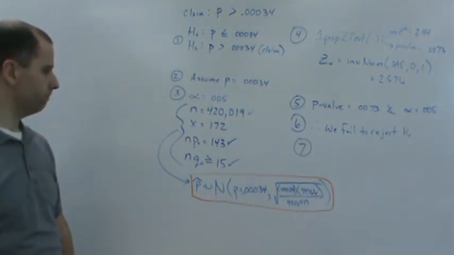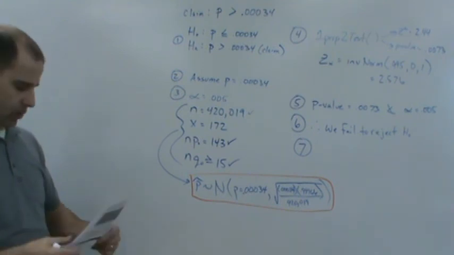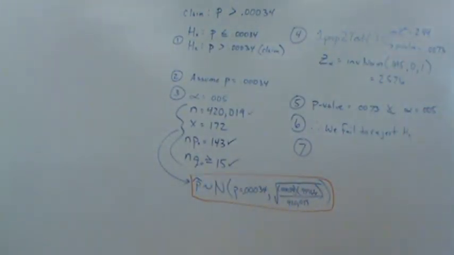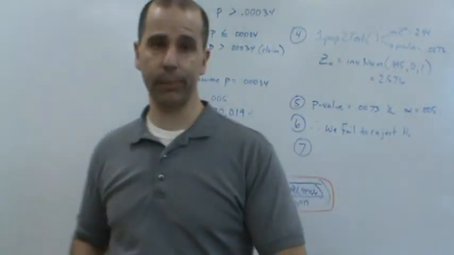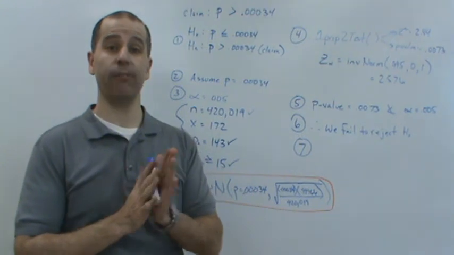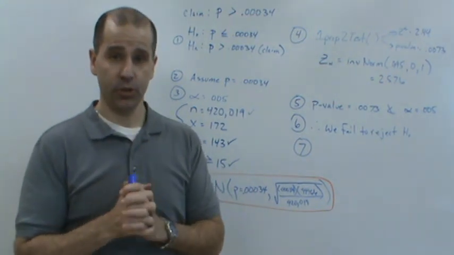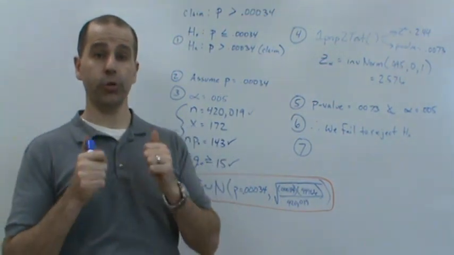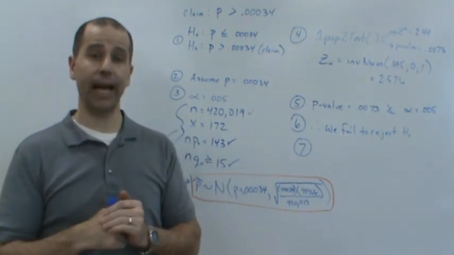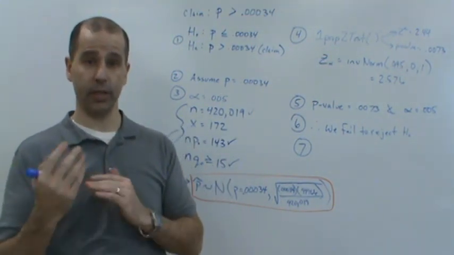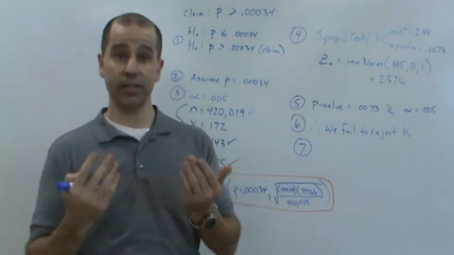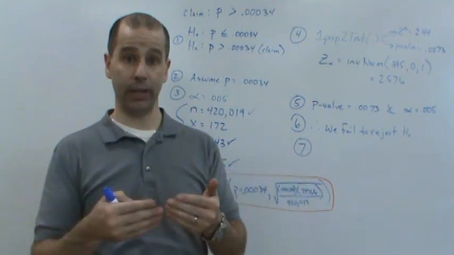Okay? And that's it. So that's going to end chapter 9 with hypothesis testing. Next time, we're going to get together and we're going to talk about hypothesis testing involving two populations. So we're going to go through everything, but it's going to involve two means or two proportions. And so we're going to look at the differences between means or the differences between proportions, and we're going to ask ourselves, is there a significant difference between the two populations?